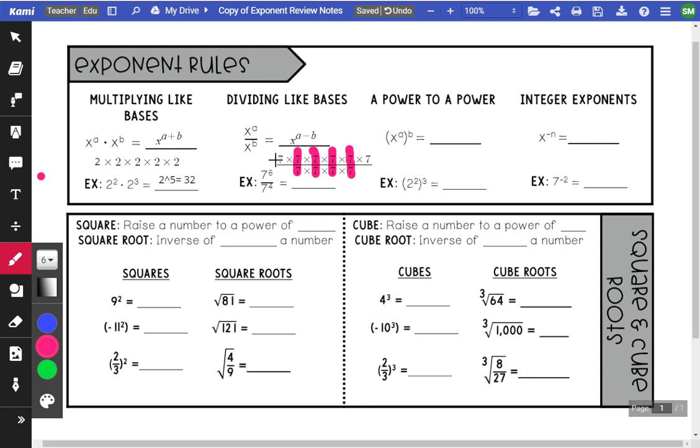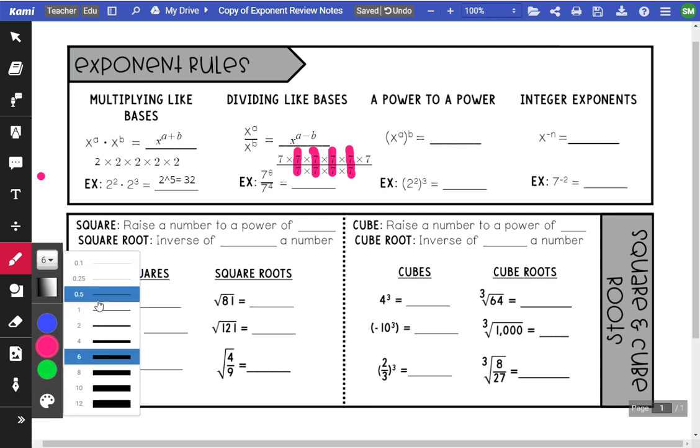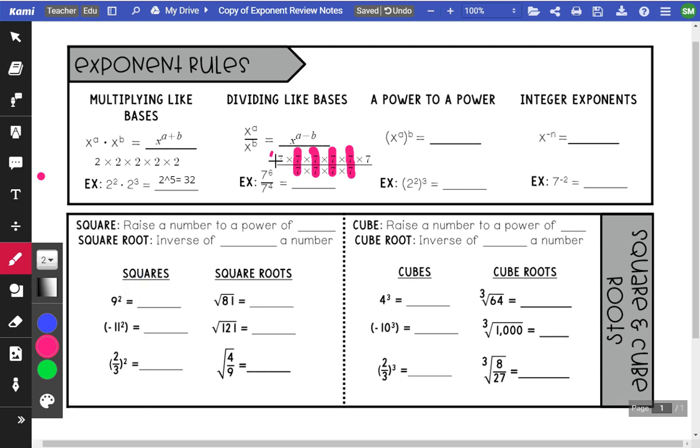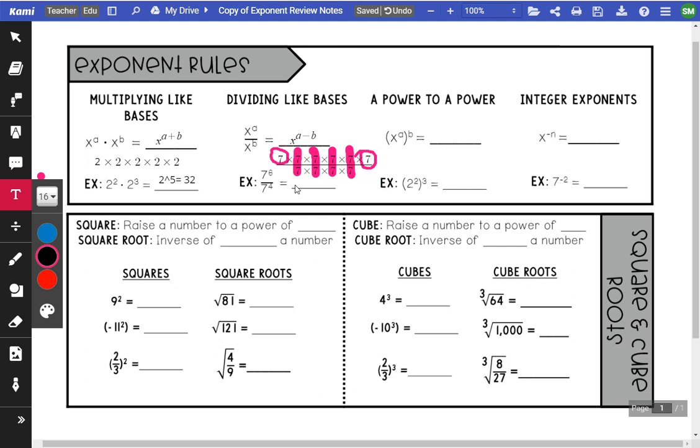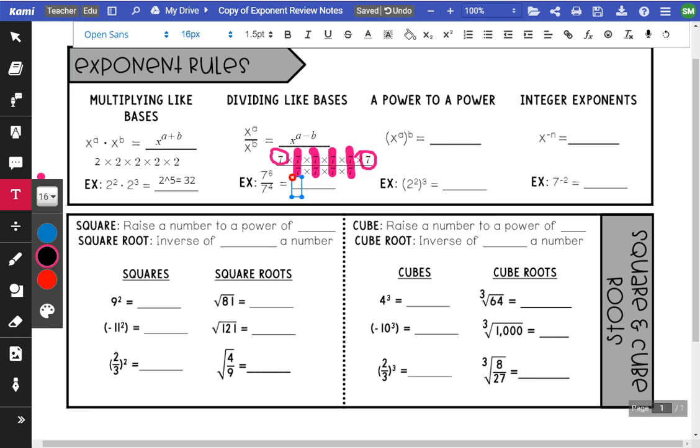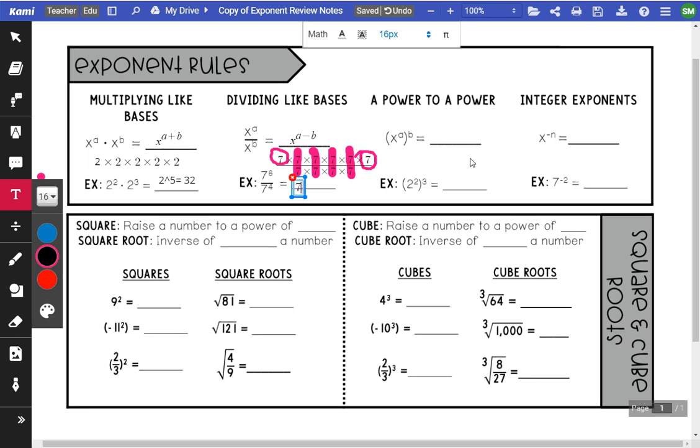On the top, I have left this 7 times this 7. So that would be, and I'm going to do a new text box here, 7 squared over 1, or just 7 squared.